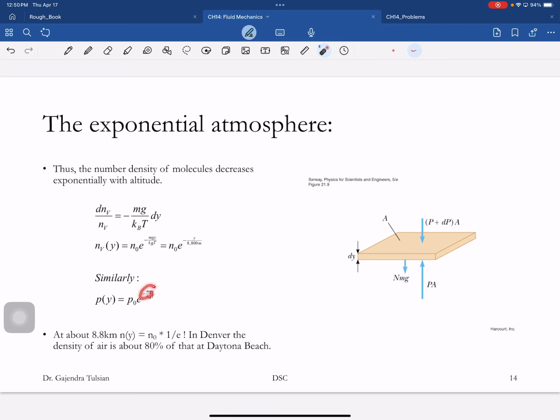If you put these numbers in, at about 9 kilometers, the pressure and atmospheric density decrease to about 35% of the ground level value. This is about the height of Mount Everest. So on top of Mount Everest, the pressure is about 35% of ground level pressure.